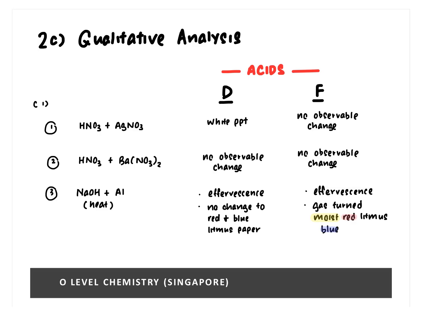For part C, we are looking at the third experiment of qualitative analysis. The question states that you are given two acids of different anions. I think the slightly tricky or intimidating thing about this part is that the procedure for test 1 and 2 is not given, and you are given the flexibility of deciding what test to do.